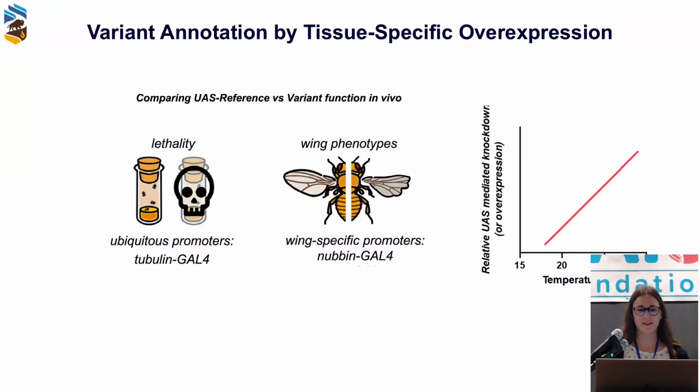We can look at different things like, does the overexpression kill the fly? Does it do nothing to the fly? We can also look at different structures in the fly, for example, wings. And one of the great things about this system is that we can adjust the temperature, which adjusts the amount of expression that we're seeing in the flies, and observe subtle differences.